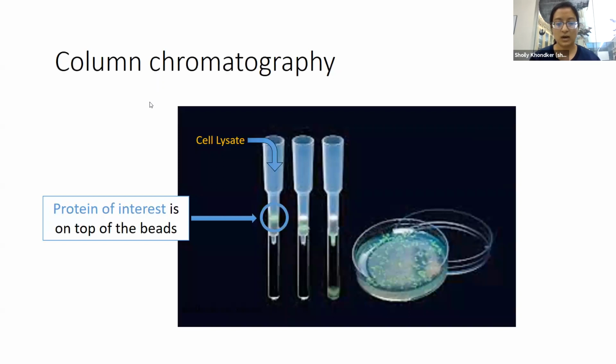Then I'm going to talk about ways to visualize proteins, starting with separating proteins on a type of gel that's similar to what I talked about a couple of weeks ago about DNA gels. And then I'm going to talk about a couple of types of immunodetection, which is the use of antibodies to visualize specific proteins.